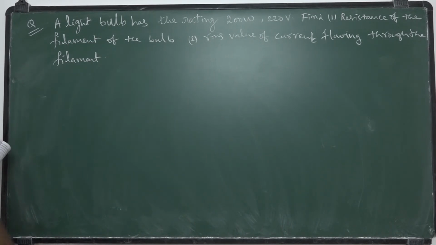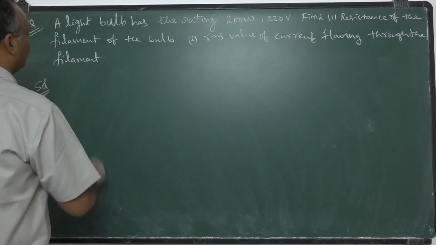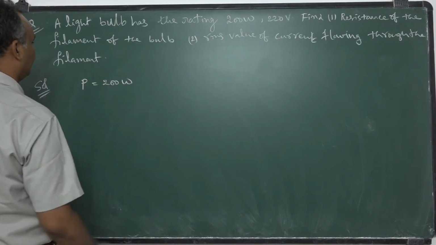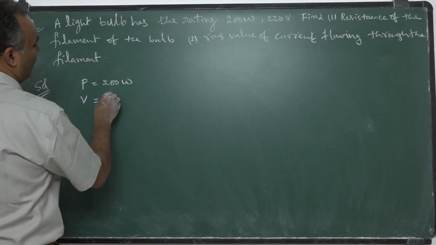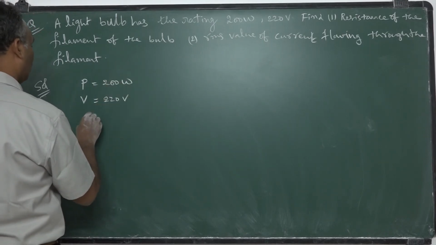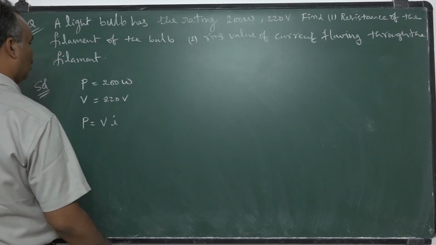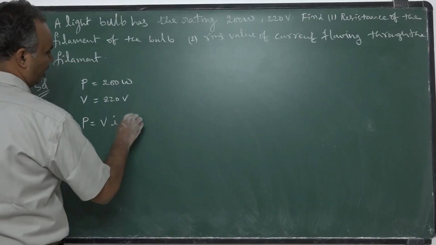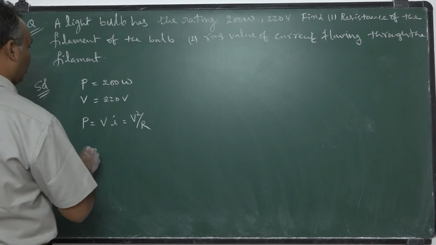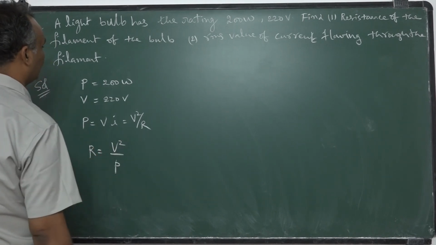So first let me take the rated values. Power they gave 200 watt, voltage they gave 220 volts. You know that power is equal to voltage into current, I is equal to V by R, so I can write V square by R. So whenever you want resistance, V square by P I should take.